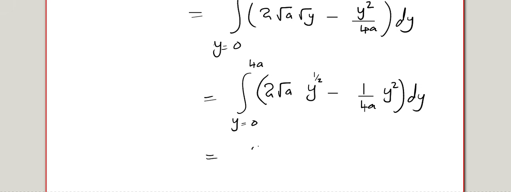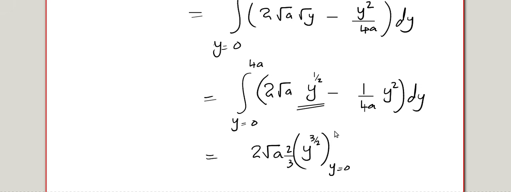Now to integrate this, that will be y to the power 1 by 2 plus 1, that will become 2 by 3 here. I will plug in the limits right away.